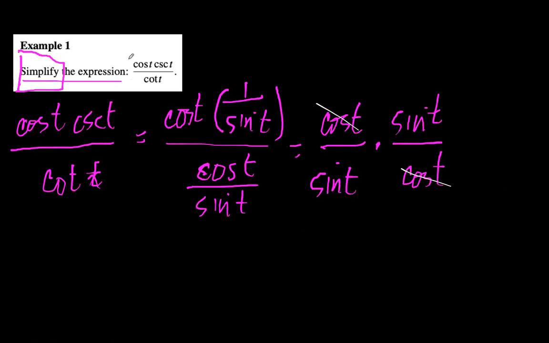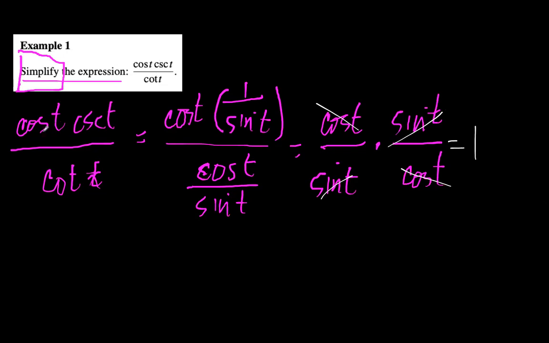So nakadepende tayo sa domain nila. Since it's part of the given expression, therefore, this expression is not undefined. And we could say that there's no way for this expression to have an undefined or an indeterminate value. Okay, so I can cancel this out as well. Oh, so we got 1.